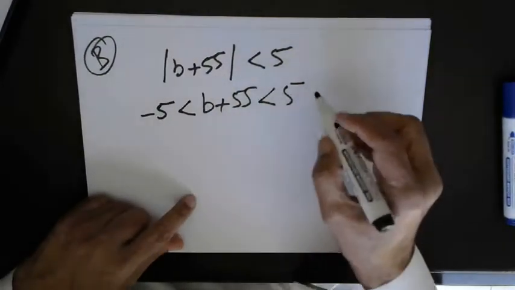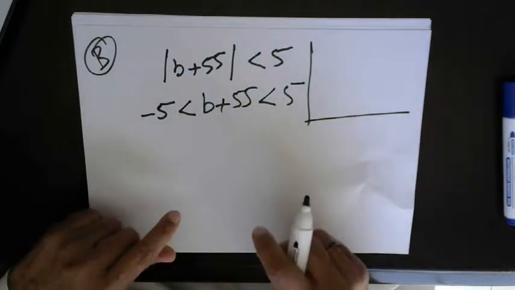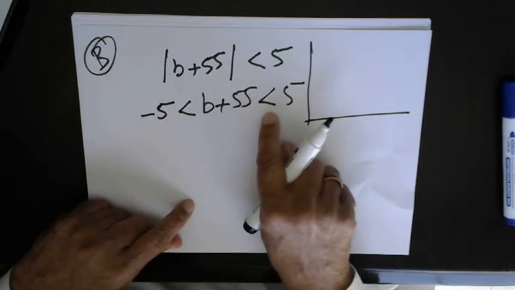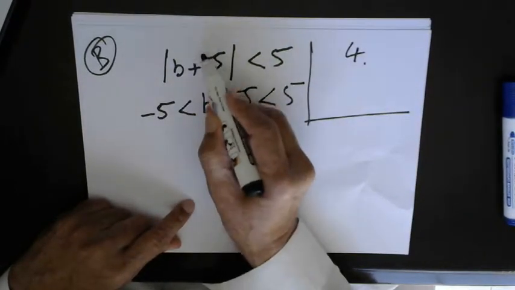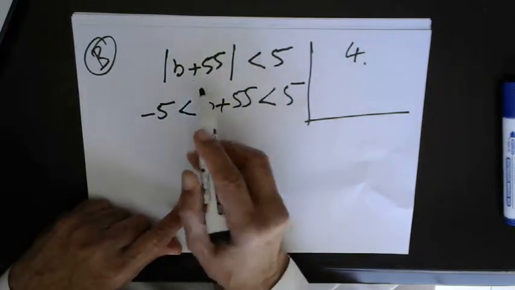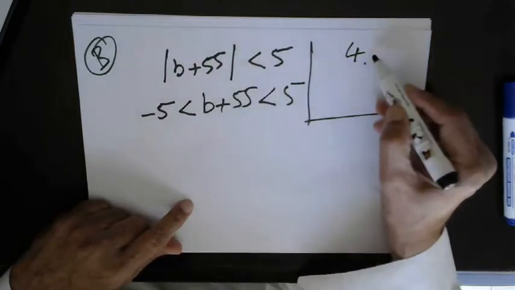Let us take an example to convince you. This is not a proof, but to convince you. Less than 5 means, let us take 4. So if this quantity is 4, I mean positive 4, absolute value of 4 is 4, and 4 is less than 5, so this is working.